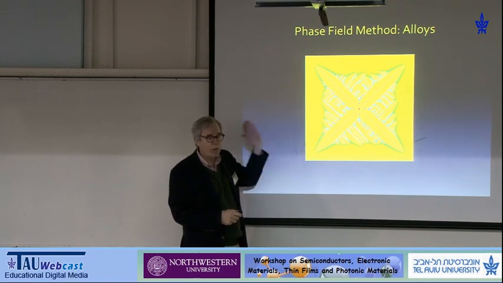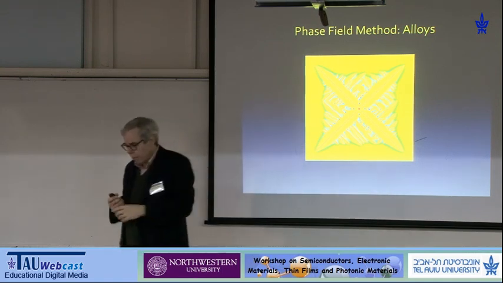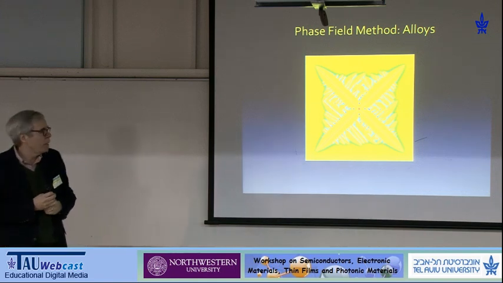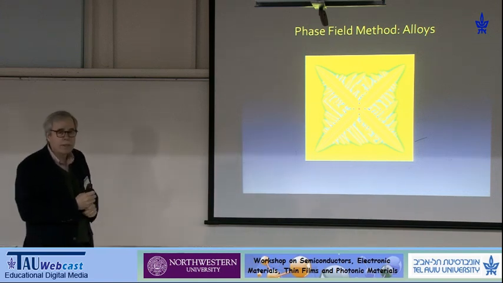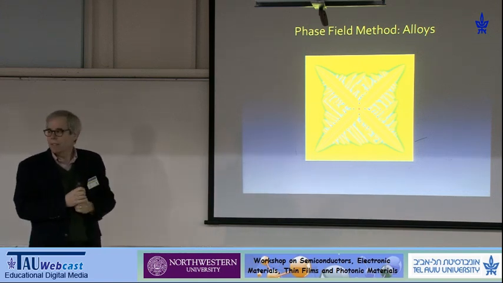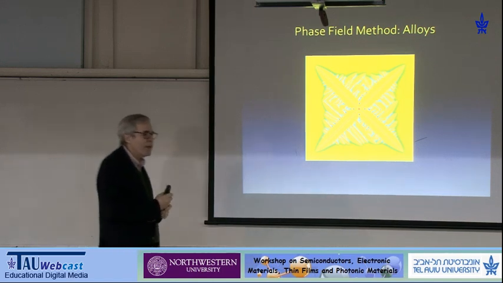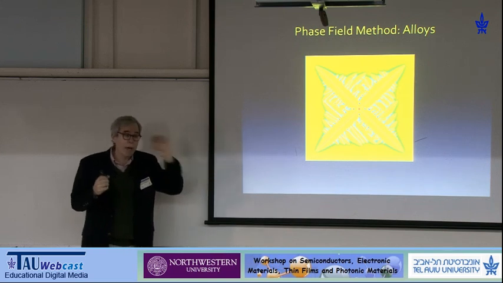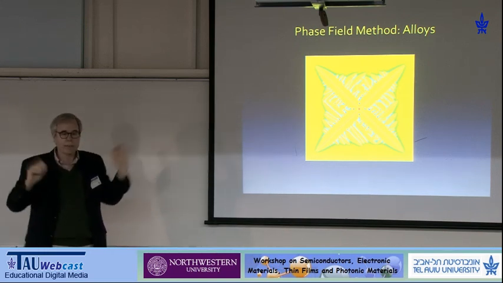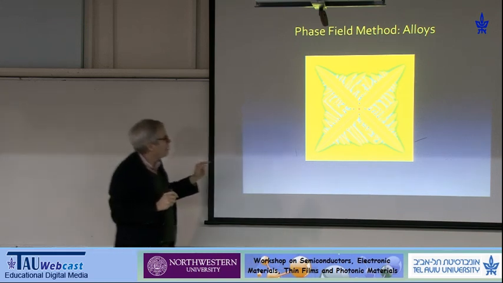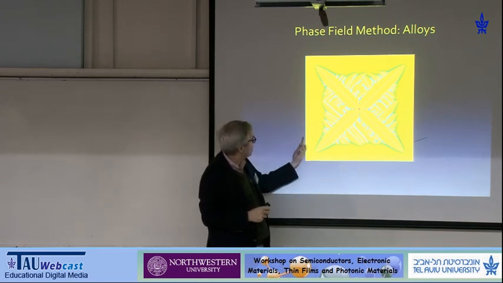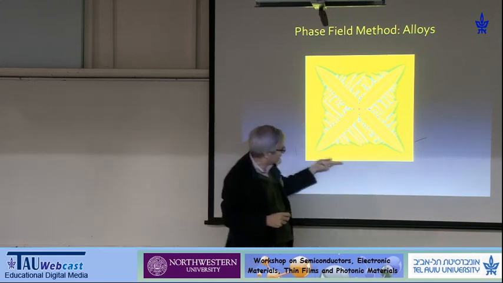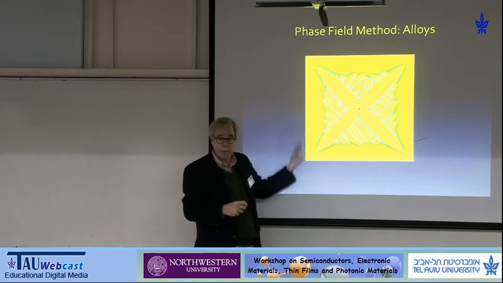Okay, so the very first phase field models that people did, and there's a company that markets a phase field code that you can buy, and when they first came out with this code, they had these beautiful dendrites, and you got beautiful dendrites when they grow along the grid, the XY coordinates of the grid.